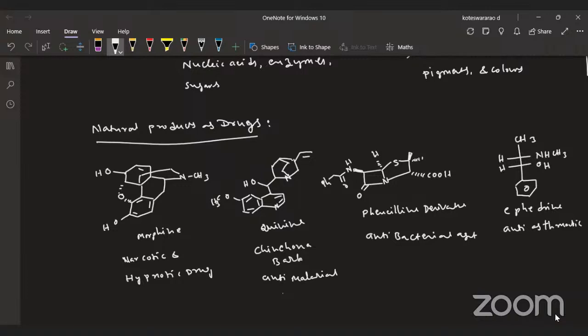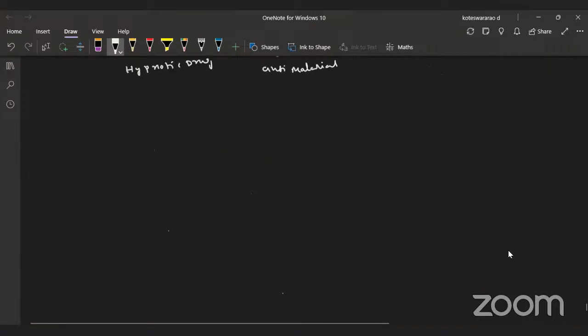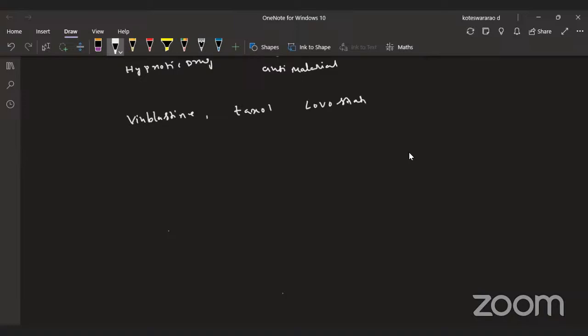Right. So these are some of the compounds, and the structures are very vast in nature. If you take vinblastine, it is a bulkier compound, and lovastatin are also isolated from nature.